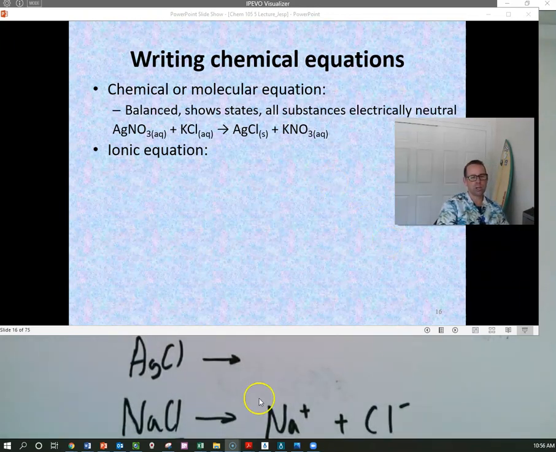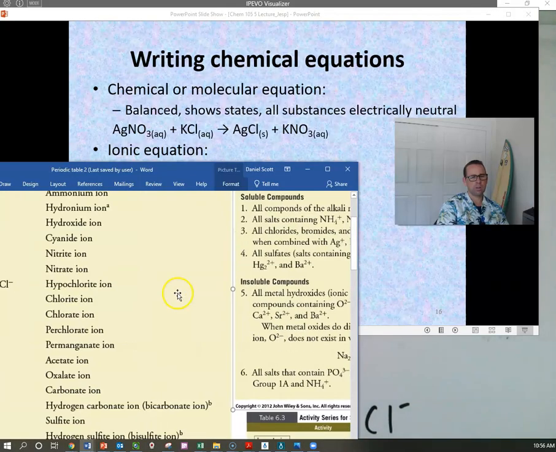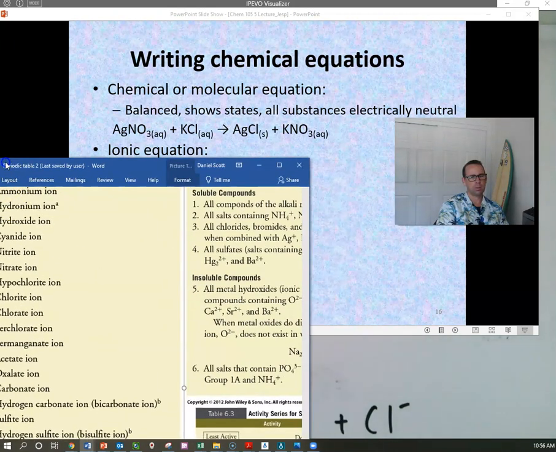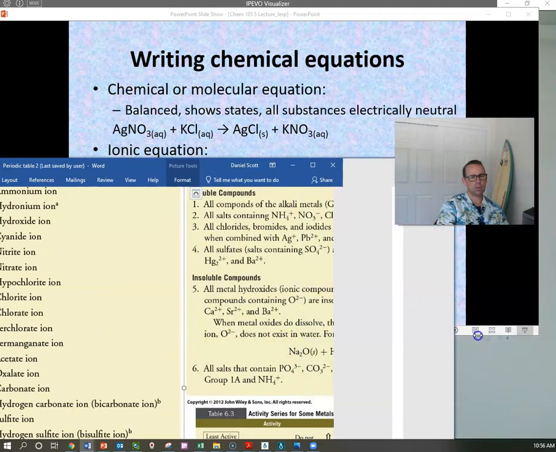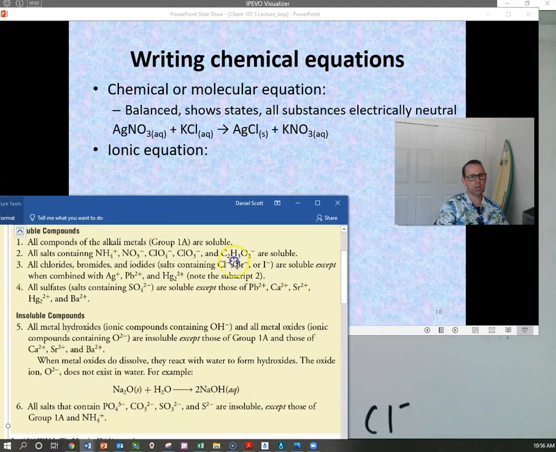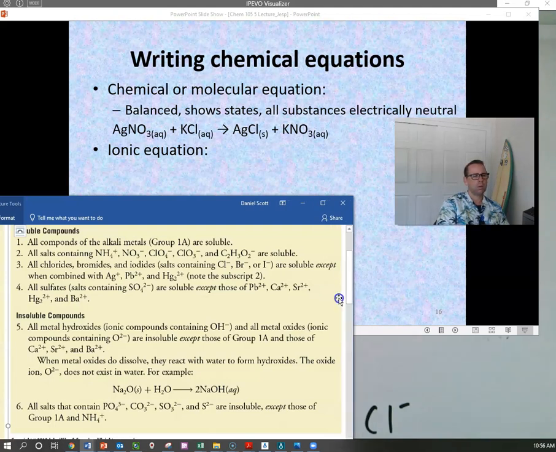Now, when I put that into water, does it separate into ions? Let's look at our solubility table to see. Do you see any rules associated with silver chloride? Number 3, what's it say?